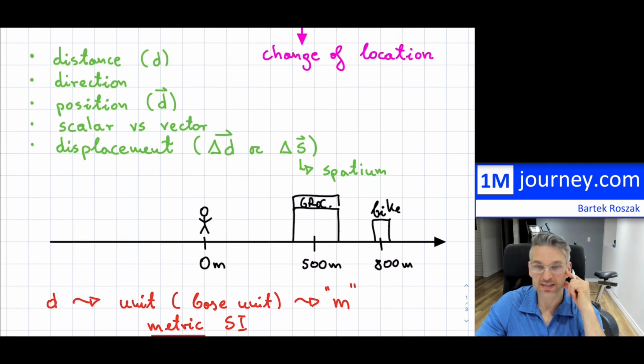Now, if you had a friend who was somewhere in a different location, you can't really tell the friend, maybe you might want to walk to your grocery store and it's 500 meters. Well, you don't know if it's 500 meters to the grocery store from where your friend is located.